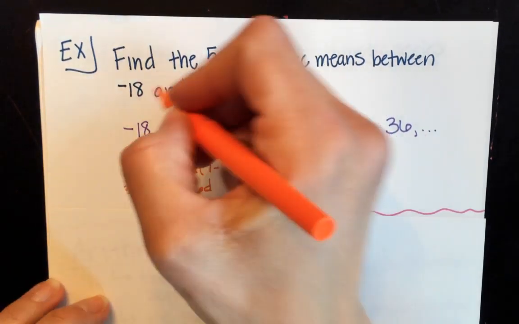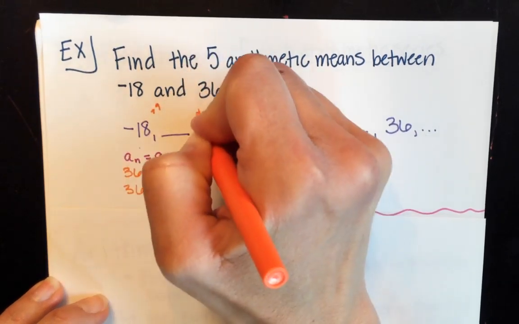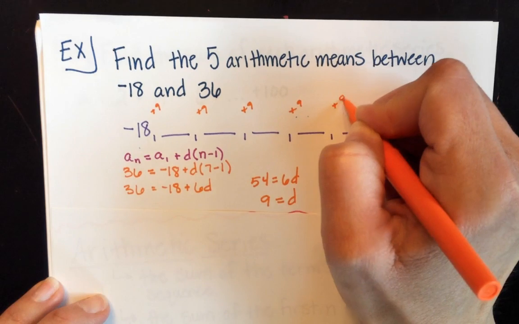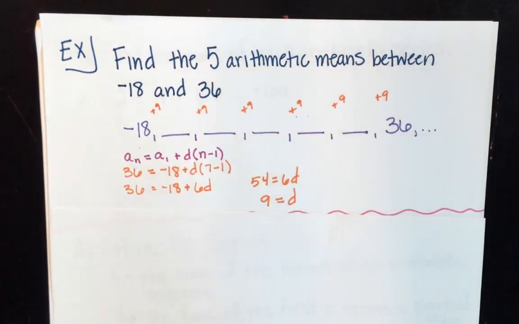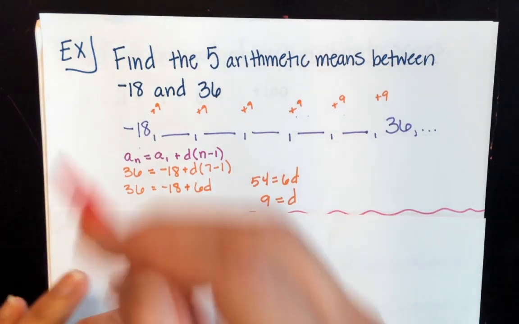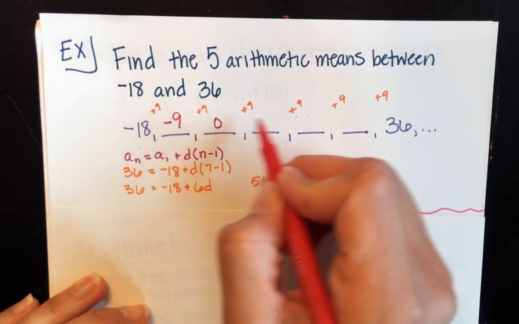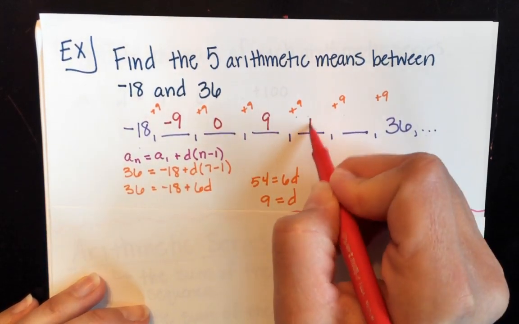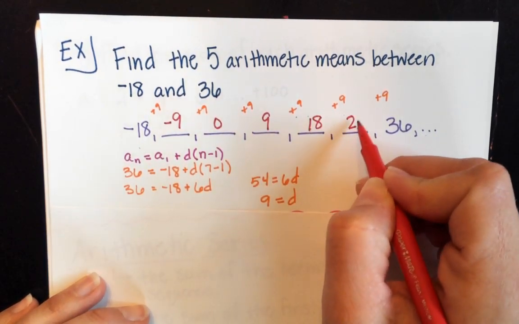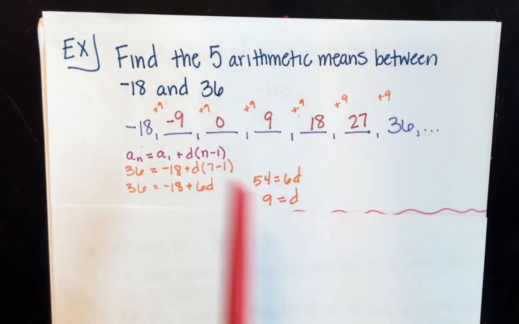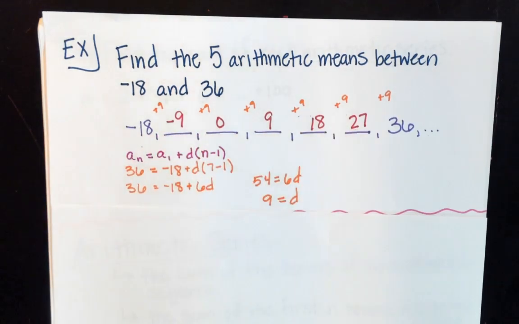So for each one here, plus 9, plus 9, plus 9. That's how we would have gotten to 36. So our answer: negative 9, 0, 9, 18, 27. So again, the 5 arithmetic means between are those numbers.